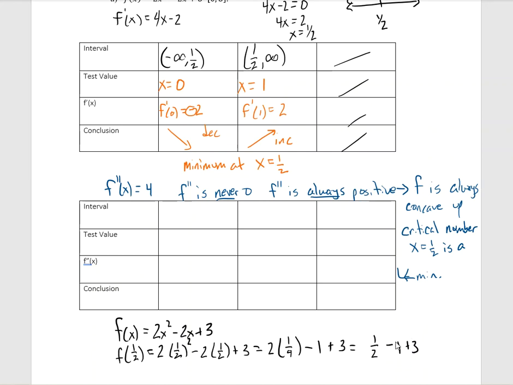This gives us 2 and another half, so we're looking at 2.5. So our minimum point is 1/2 comma 2.5. We'll call that 5/2, just so that they're both in fraction form, and it makes a lot more sense to me when they're both of the same style.